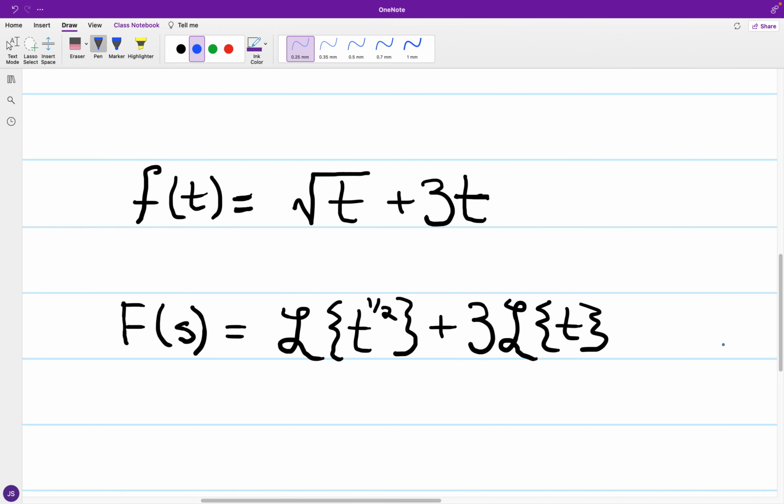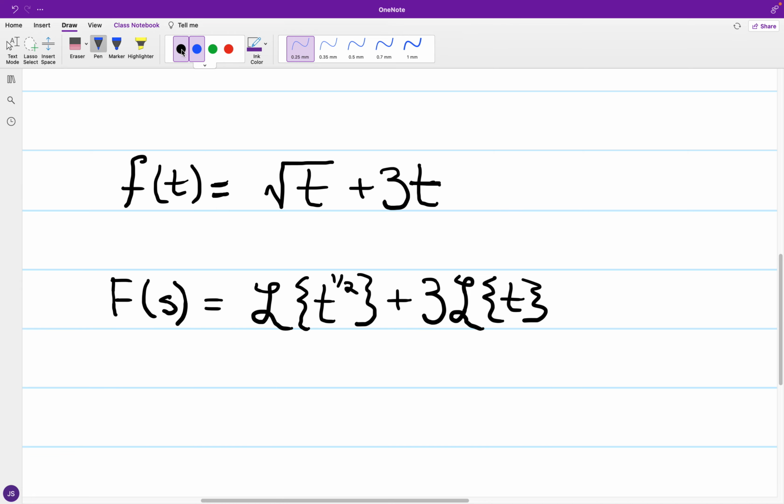So, following through, the Laplace transform of t to the 1/2 is again the square root of pi all over 2 times s to the 3/2.